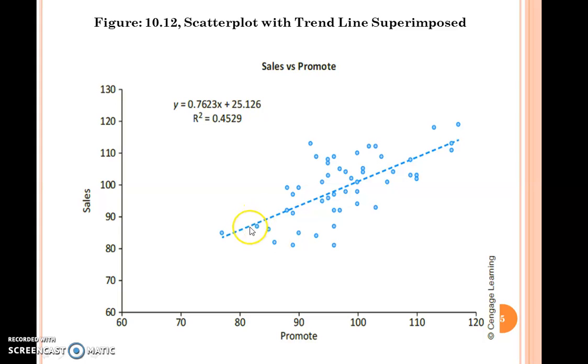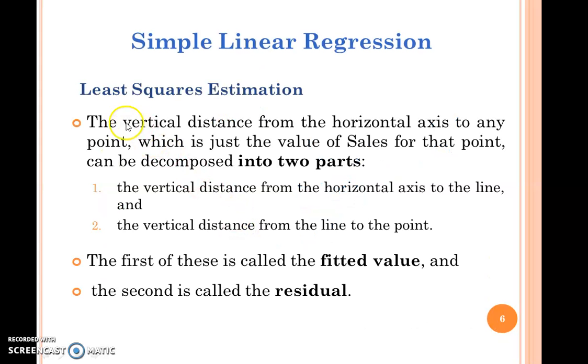The vertical distance from the horizontal axis to any point, which is just the value of the sales for that point, can be decomposed into two parts. One is the vertical distance from the horizontal axis to the line.